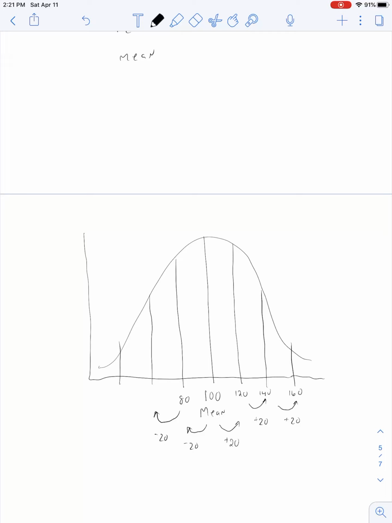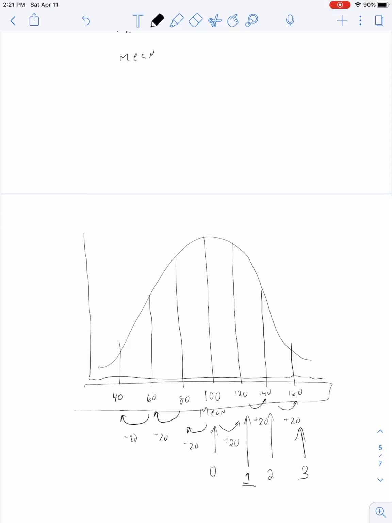Subtract again. That is 60. Subtract one more time, and that is 40. Keeping in mind that this is 0 standard deviations, that's 1, that is 2, and that is 3 standard deviations.